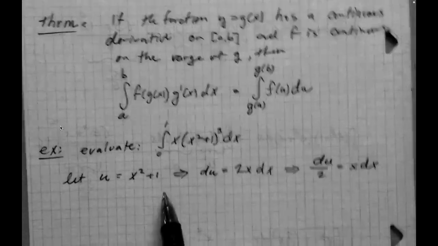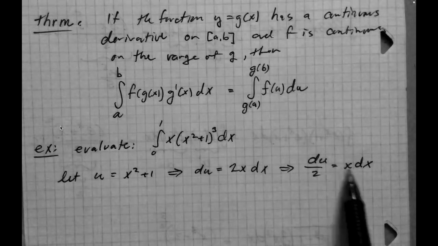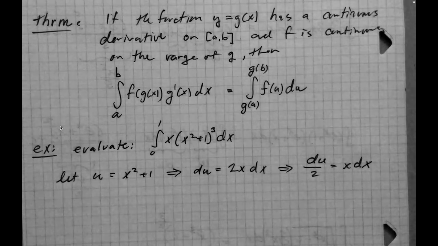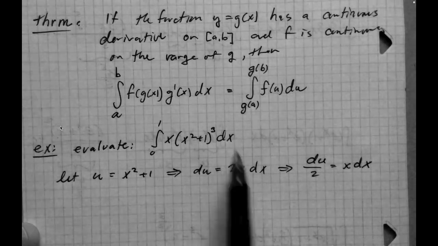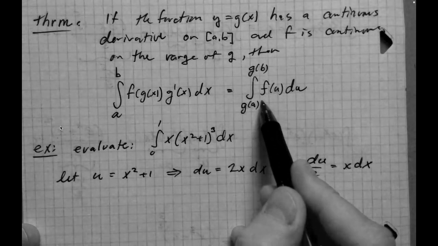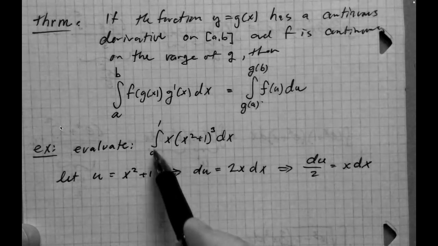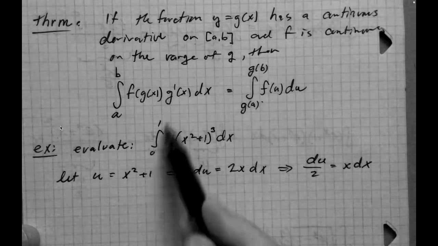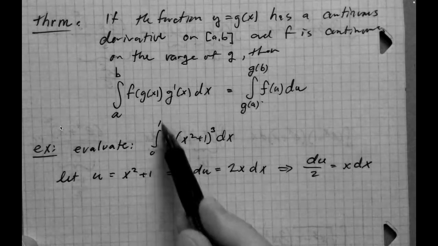So this part here and this part here is enough to get the substitution 100%. But what we want to pay special attention to is what to do with these bounds. So 0 to 1, we can't evaluate u at 0 and 1, but we can evaluate u, we just have to change these.